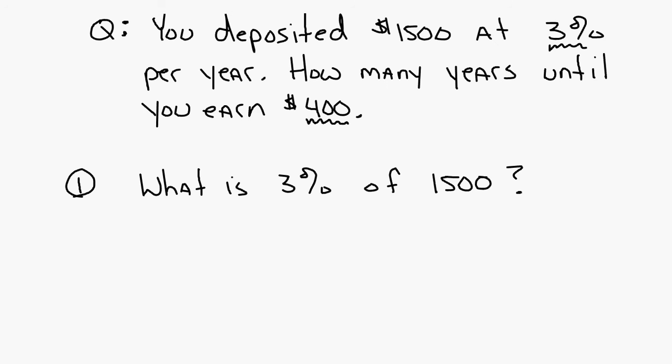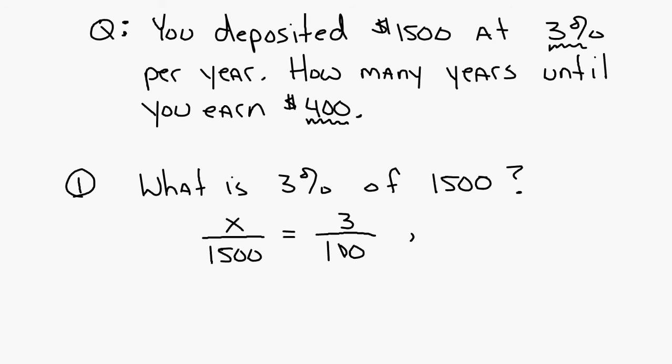Well, let's find the 3% of the 1,500 first. So is over of equals percent over 100. So the is x. The of is 1,500. The percent is 3. And we always put 100 in the bottom right.